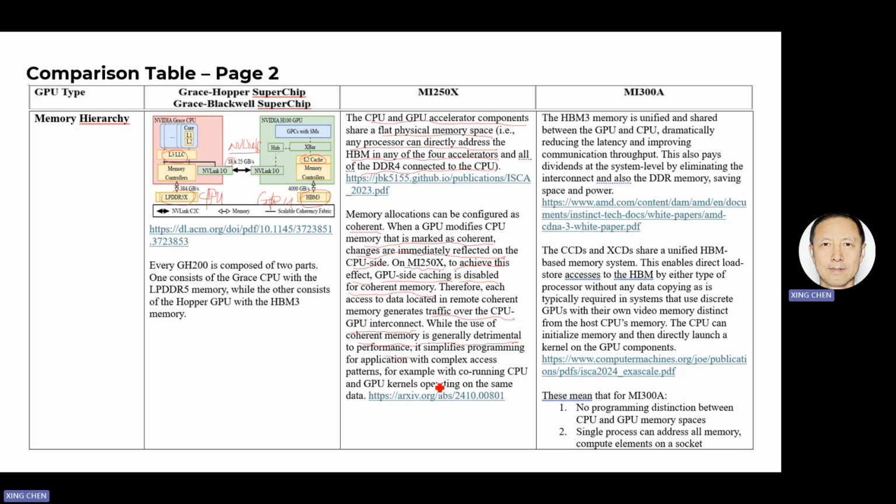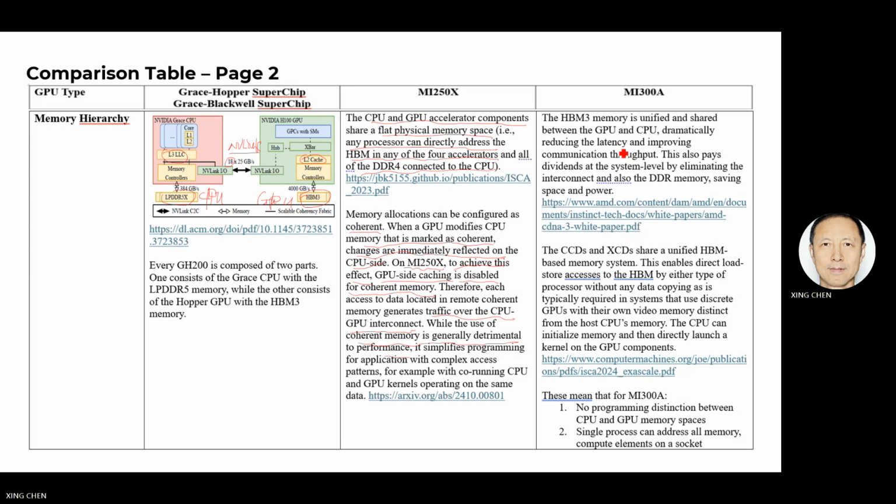For example, if you have CPU and GPU kernels operating on the same data, this kind of direct memory access without cache makes their life easier. Okay, so this is the MI250X. Now we move to the MI300A.